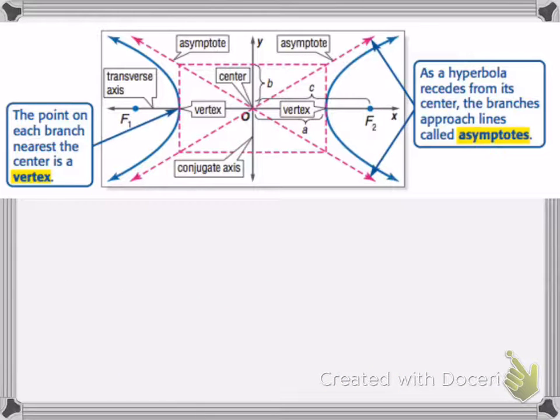All right, what we're going to do now is break this apart and break it down a little bit to get some more details. First, between the two sets of hyperbolas, I'm going to have a center.